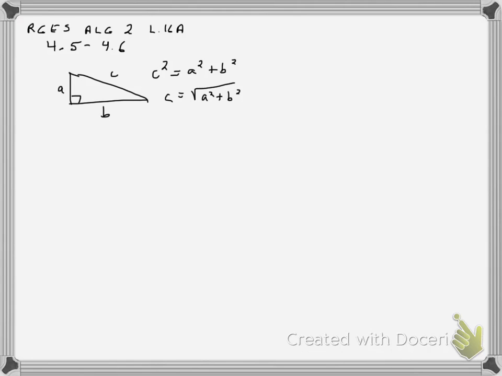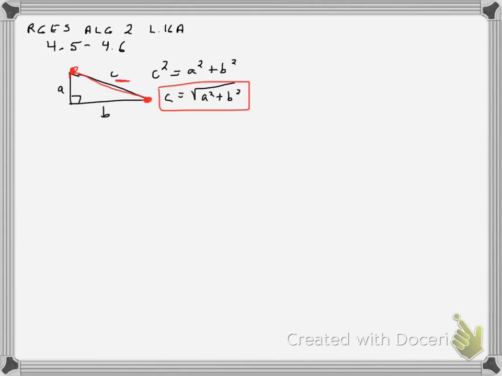Because what if we said instead that rather than these lengths, this is point A and this is point B. To find the distance between A and B, we would use the formula for C. Okay, so we are going to expand this a little. What would A represent?